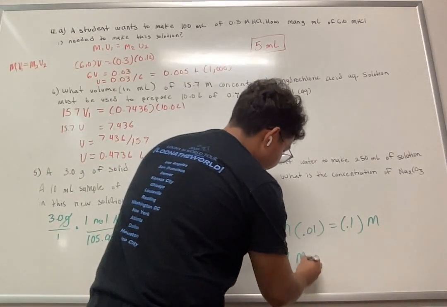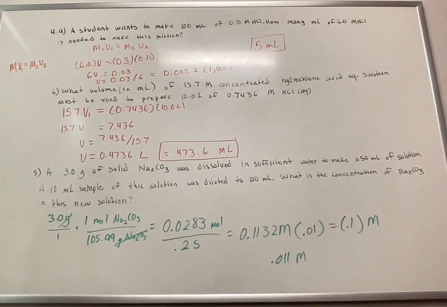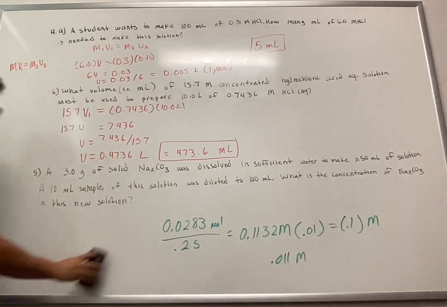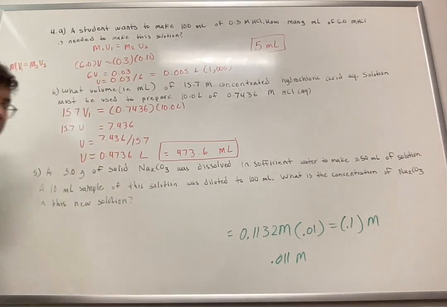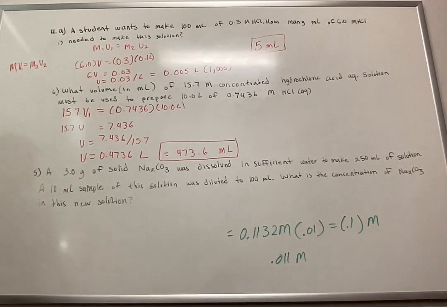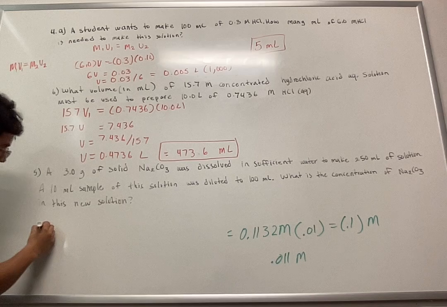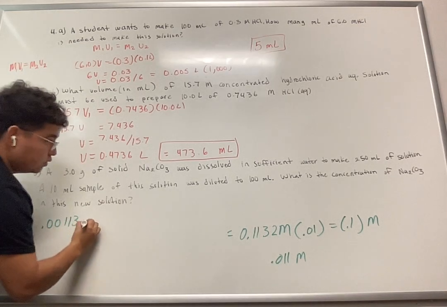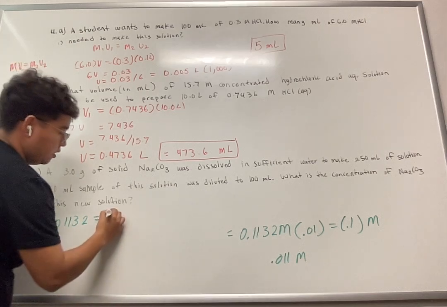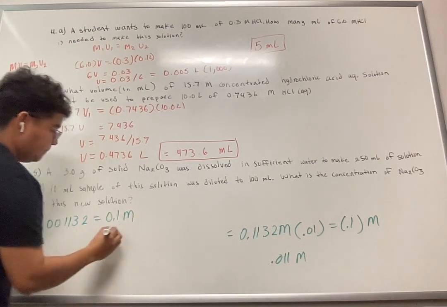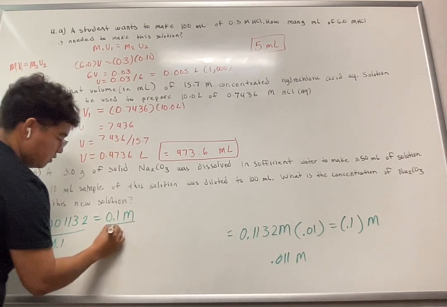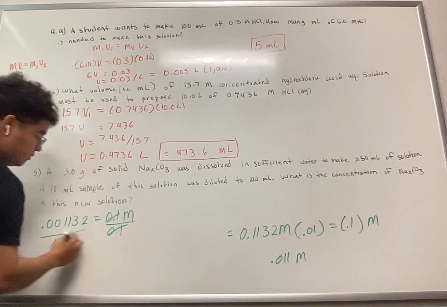0.011 M. Let me just make a little space so I can show y'all how we got this. So 0.1132 times 0.01 brings us to 0.001132, equal to 0.1 times M. We divide, this cancels out.